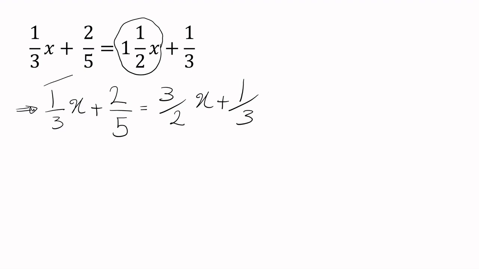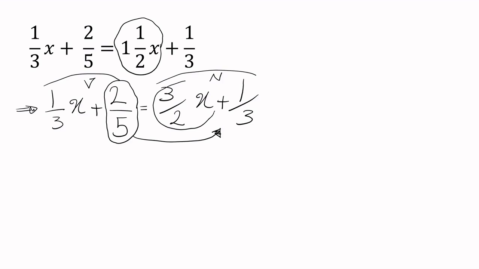This side for variables and this side for numbers. Which one is the extra term? Here in the first side, this is extra because this side belongs to variables, and I must move it to the second side by changing the sign. And here, this one is extra, and I must move it to the first side by changing the sign.